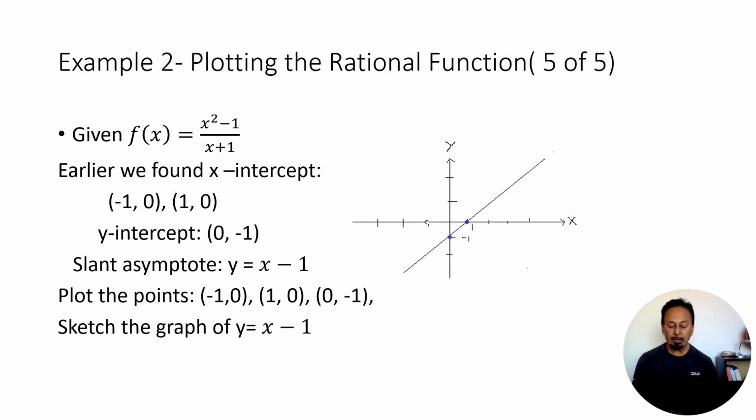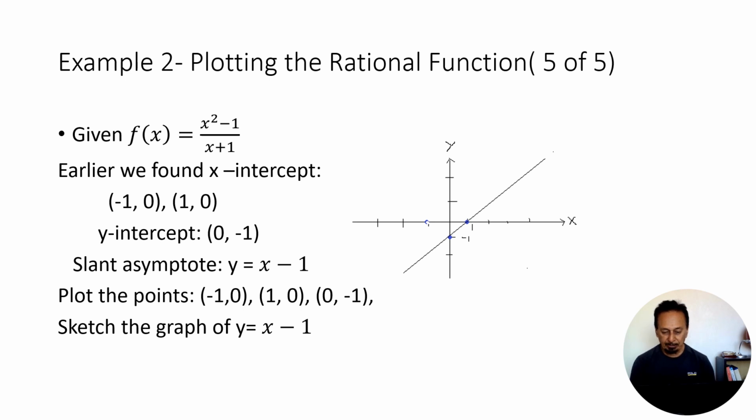Okay, so now we have found the x-intercepts, negative 1 comma 0 and 1 comma 0, and the y-intercept we found, 0 comma negative 1, and we found the slant asymptote y equals x minus 1. So now we plot these points: negative 1, 0; 1, 0; and 0, negative 1. So negative 1, 0 is here, and 1, 0 is this one, and this is 0, negative 1.